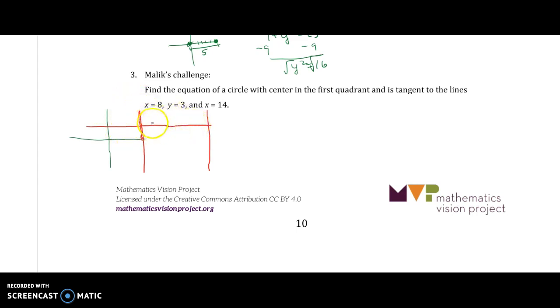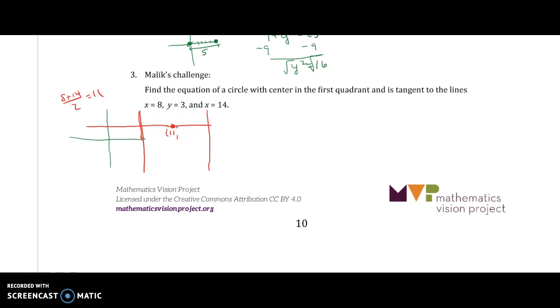Now, think about it. If it's tangent to both of these, it has to be in the middle of 8 and 14. So the x coordinate is at 11.